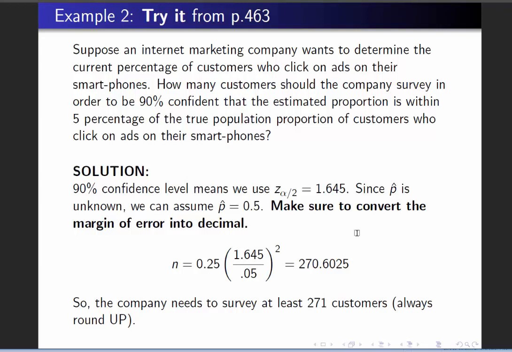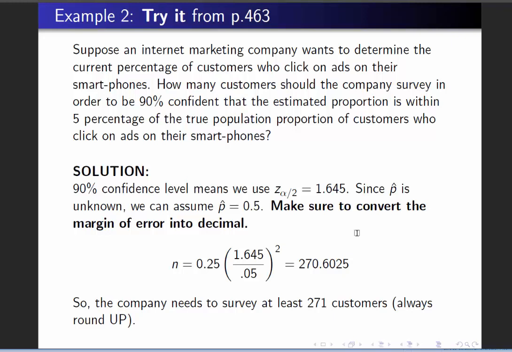If you have 3%, you would be putting in 0.03, and so forth. So the company needs to survey at least 271 customers. We always round up, no matter what the decimal part is. All right, so that is your solution for this type of problem.